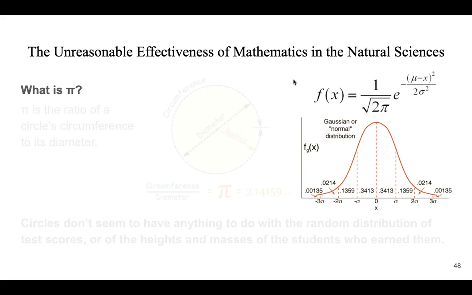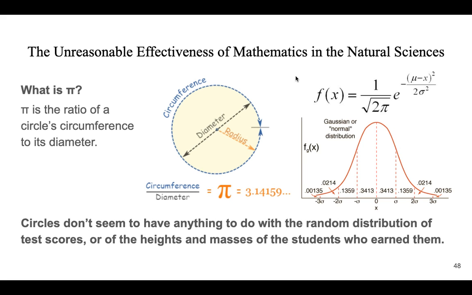Pi is the ratio of the circumference of a circle to its diameter. So if you take any perfect circle and measure its circumference all the way around and divide it by its diameter, you get pi, 3.14159, and it goes on forever.